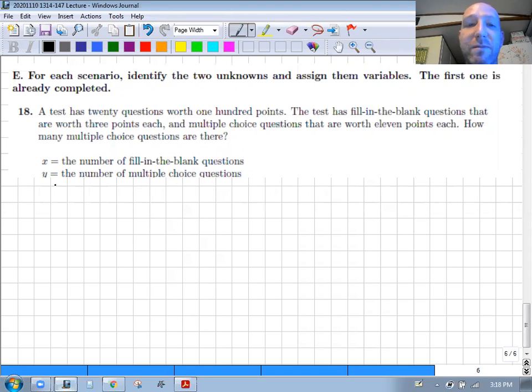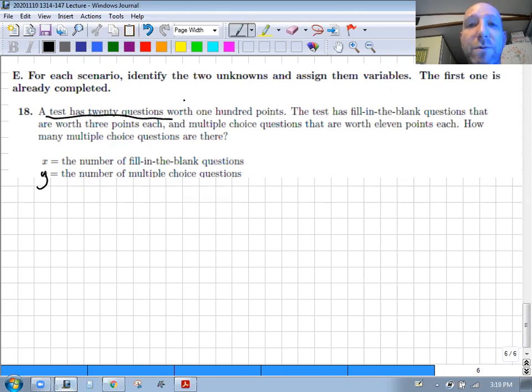So the 2 variables they give us, x and y. All right, x they have is the number of fill-in-the-blank questions. There's 2 types of questions, fill-in-the-blank and multiple choice. So x and y are the number of each of those types of questions.